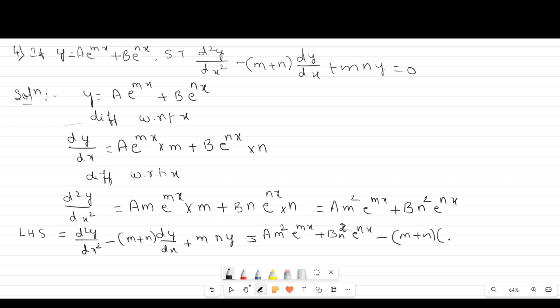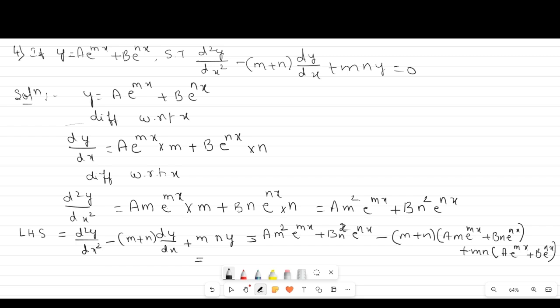Dy by dx is a m e power mx plus b n e power nx, plus m n into y. See there, I will write down mn as it is. The y is a into e power mx plus b into e power nx. That is the y value.